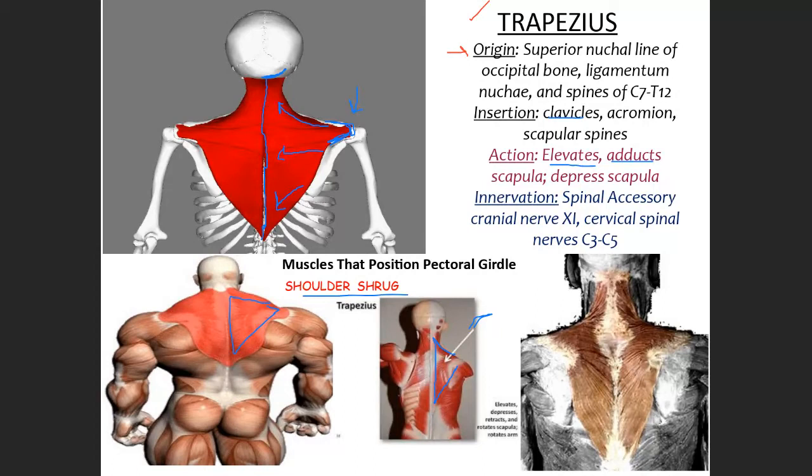And the innervation is via the spinal accessory cranial nerve, because you could see the Roman numeral here is number 11. So when we study cranial nerves, and if you're a little rusty on your Roman numerals, please refresh that, because we're going to get into the cranial nerves in more detail. Here is what the trapezius muscle looks like on the cadaver.